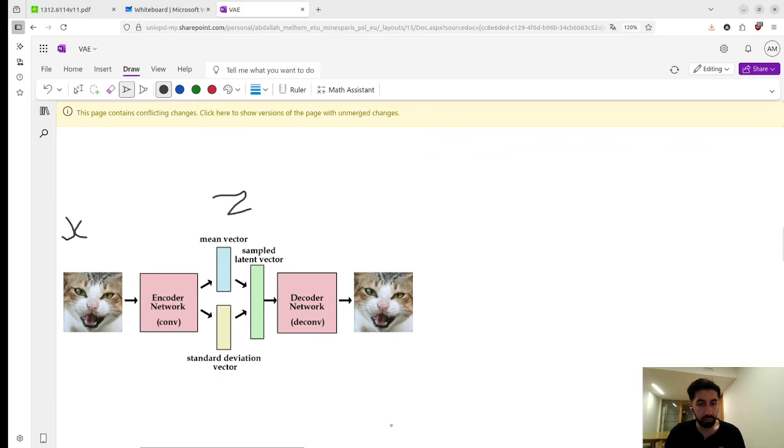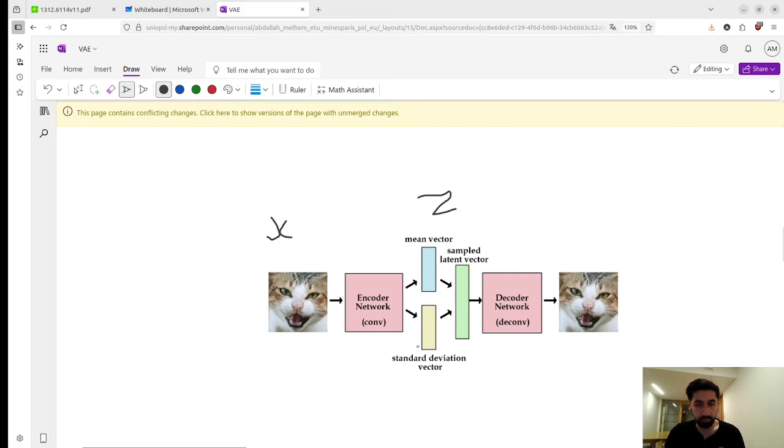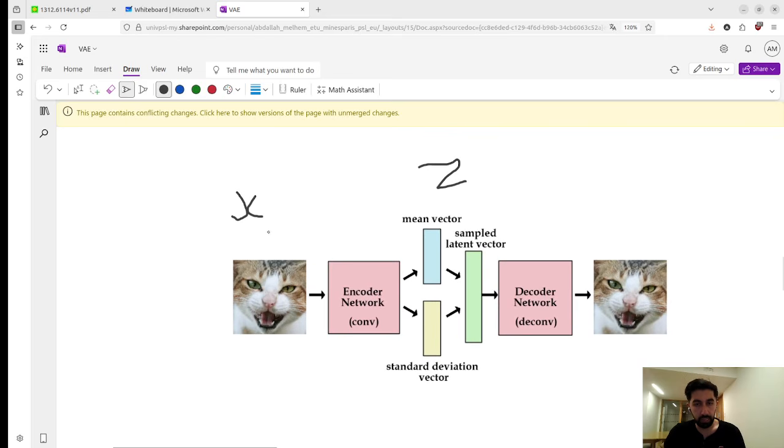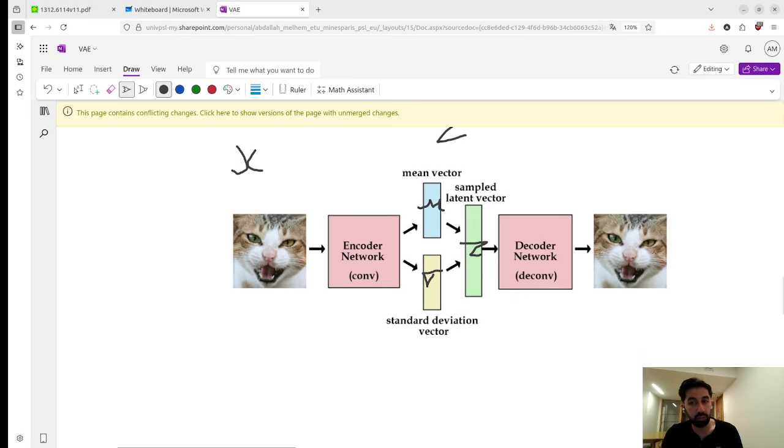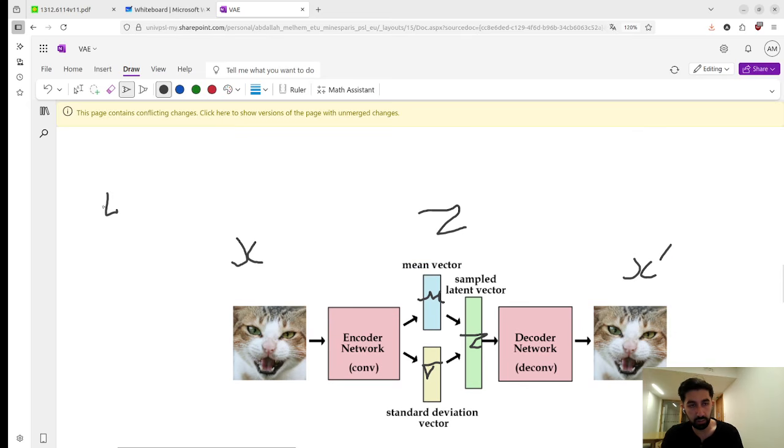So this is what's written here. We have an input x. The encoder outputs the mean mu and the standard deviation sigma. These are used to calculate z. Then z is inputted to the decoder network, and the decoder network generates an image x prime that should be as close as possible to x. I'm speaking about the training, all right? I'm not speaking about the generation.